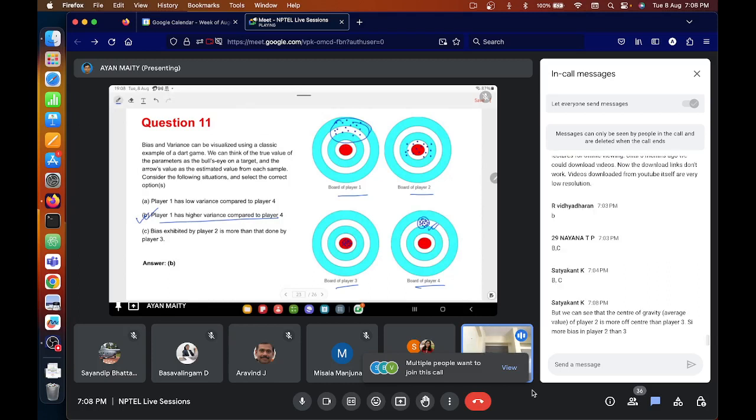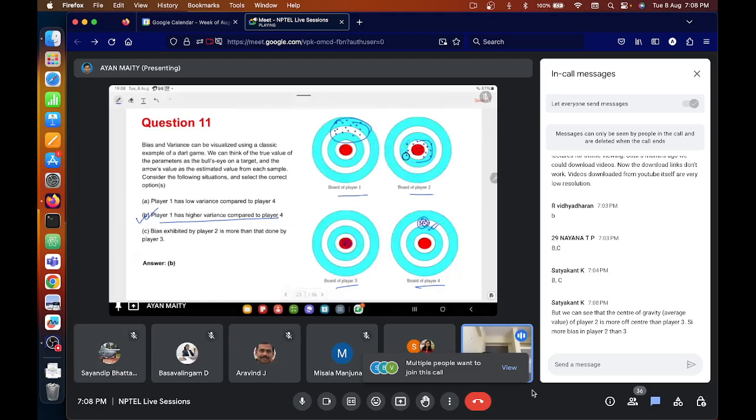And option C says bias exhibited by player 2 is more than done by player 3. The bias of player 2 and player 3 are very much similar. In case of player 3, all the predictions are within this bullseye region, so bias and variance both are low.